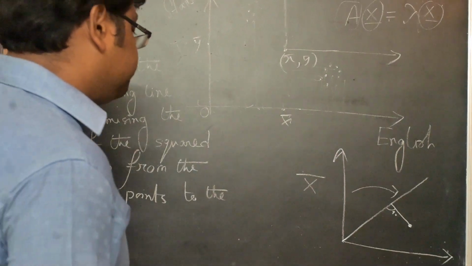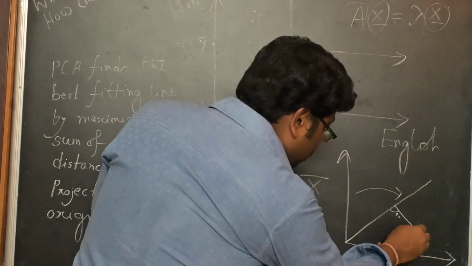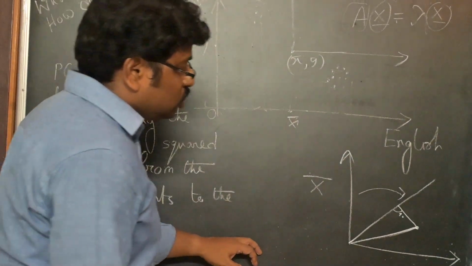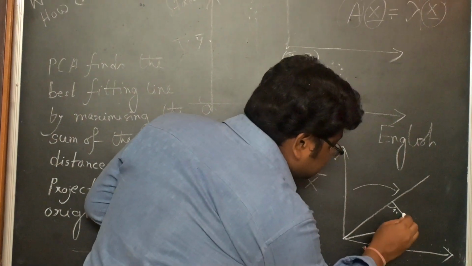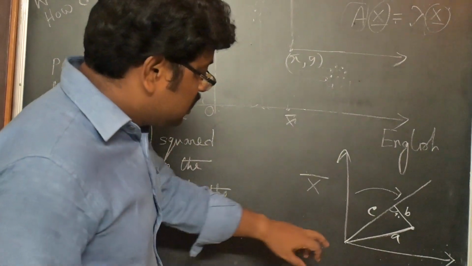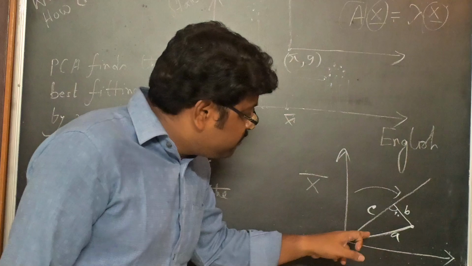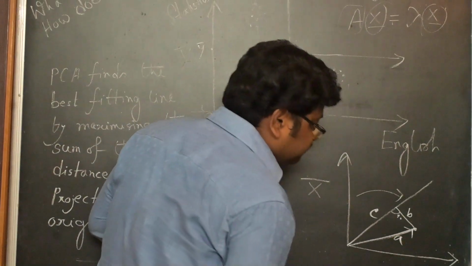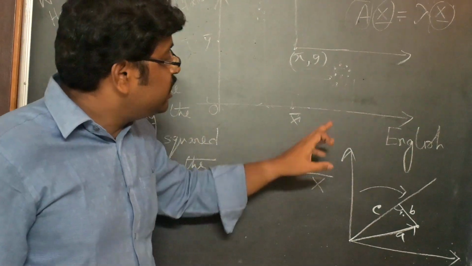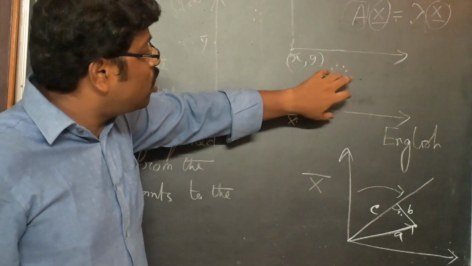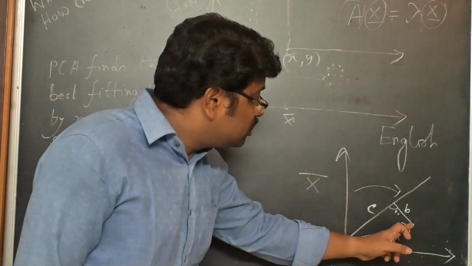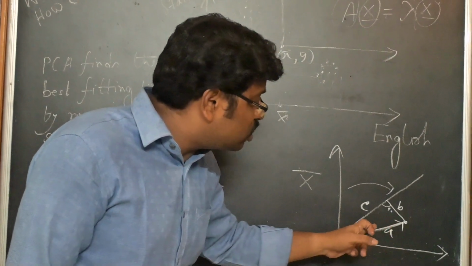And we draw a line from the origin. So this is the A point, this is B, and this is C. A represents the direction of only one point. Here are all the 10 points, and all 10 points have directions, but we consider only one point, so it represents only one direction.